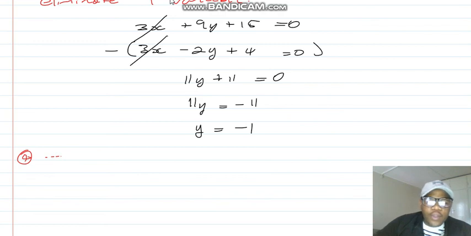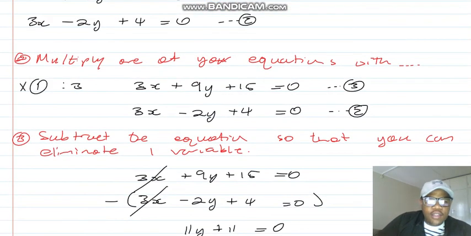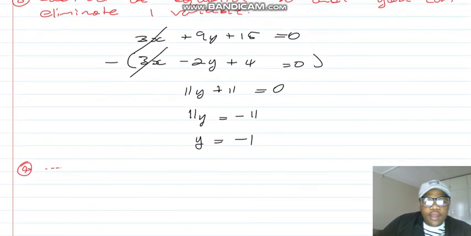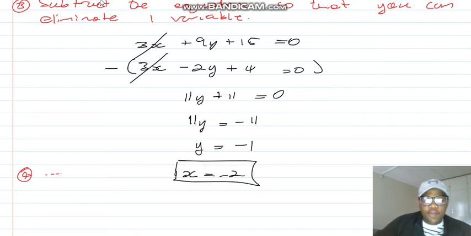Basically we're taking this y and substituting it back into any of these equations. I can tell you that the answer would be x is equal to negative 2, but please do it and see if you can.